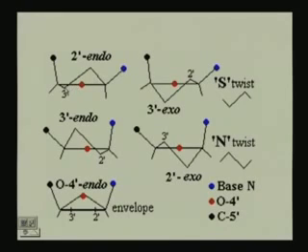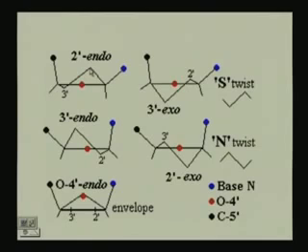The sugar ring can bend in such a way that we can have something that is called 2 prime endo, 3 prime endo and O 4 prime endo. Now, if you look at each of these structures, you will see that the atom that is forming the endo conformation is getting close, or rather in the same direction as the phosphate and the base.